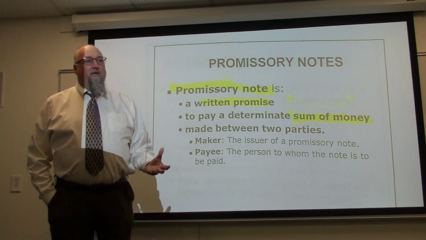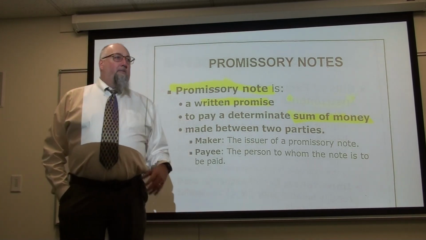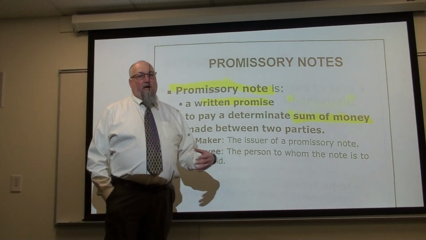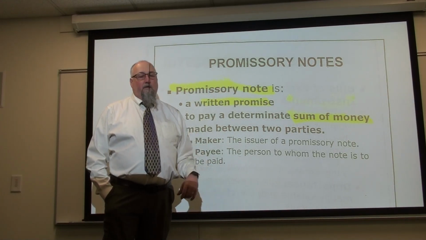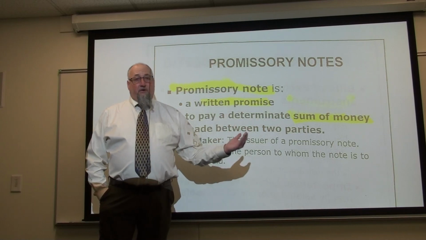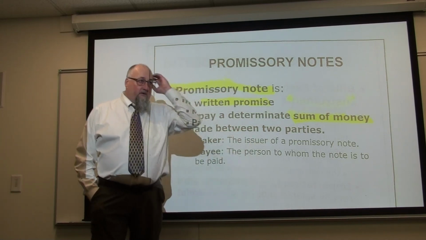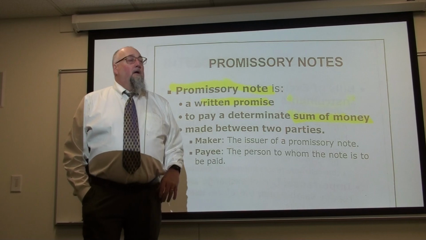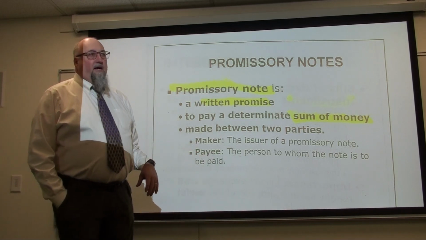So you may loan money to me, I issue you a promissory note, and I agree to pay the money back over a 5-year period. You can then sell that note to a third party, usually at a discount, so that you get your money back now, and then the third party would be able to collect on that debt.